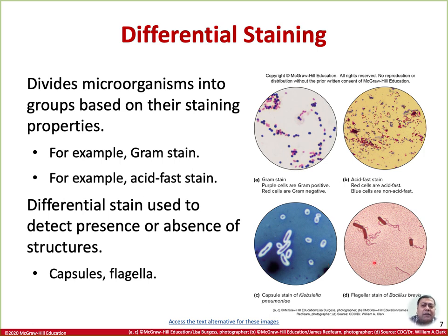In the process of differential staining, we can use another dye, which is a basic dye or a positively charged dye. Again, remember, a basic dye is a positively charged dye, and the addition of that dye will actually stain the bacterial structure right here inside the capsule.